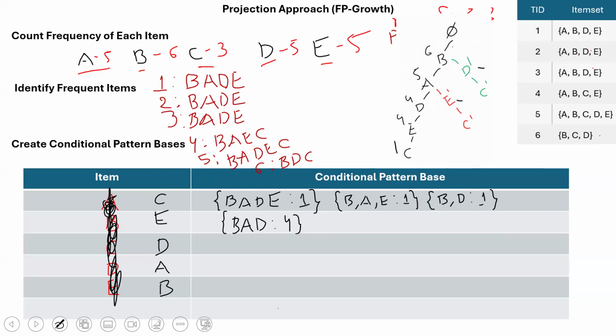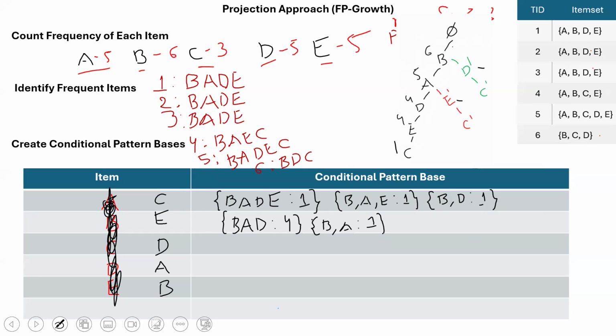BAD is 4. And what about BAE? So BAD is 4, and here is the path. BA, B comma A, is also ending at 1. So BA is one of the paths, BAD is one of the paths for E.